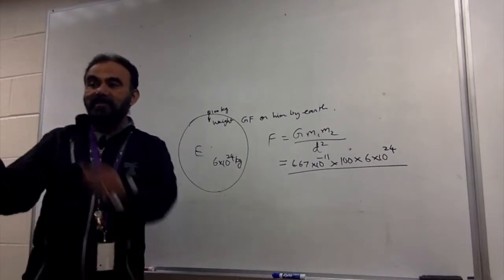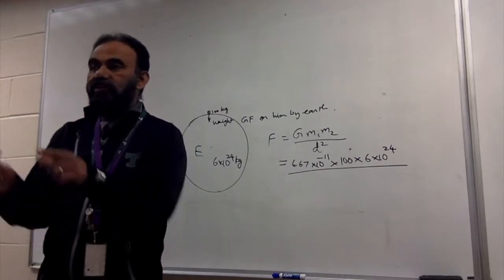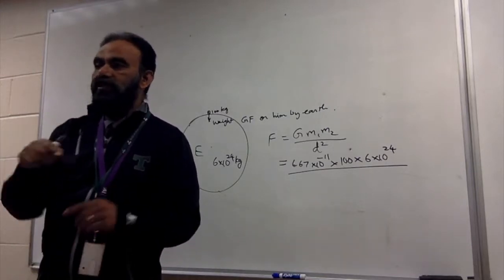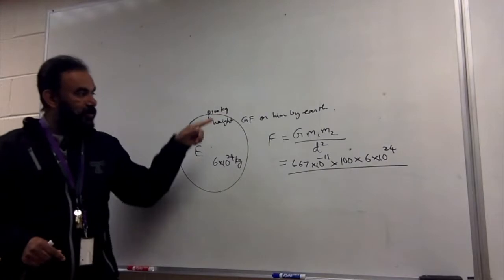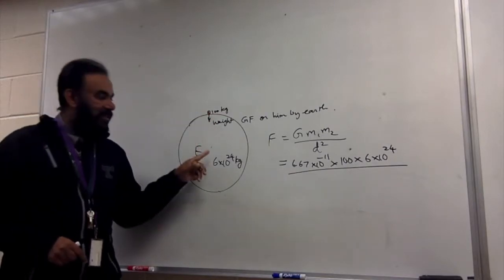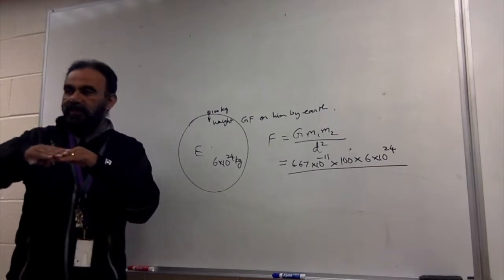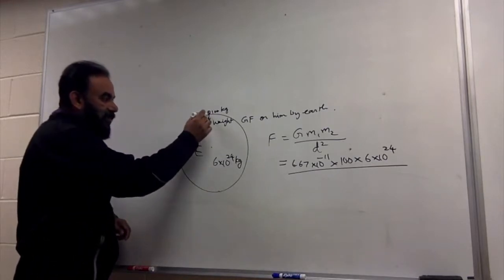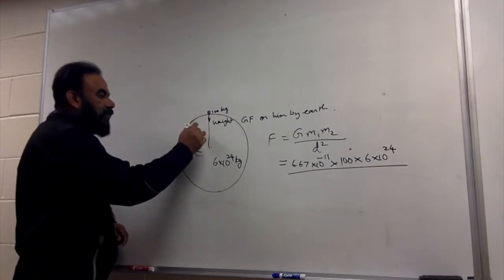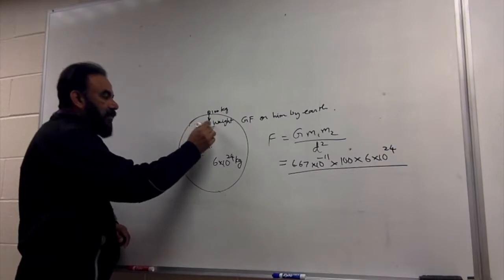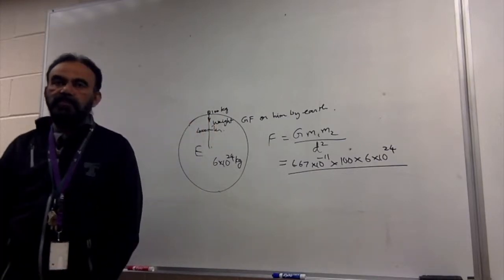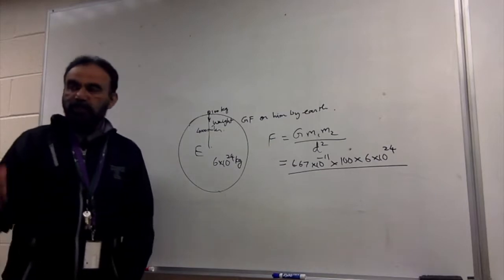Between the centers. Didn't I measure the distance between their centers? Not from the edges? So basically D is the distance from your center to the center of Earth. It's not the physical distance of separation, right? And this distance from here to here is 4,000 miles. The distance between you and the center of the Earth is approximately 4,000 miles.